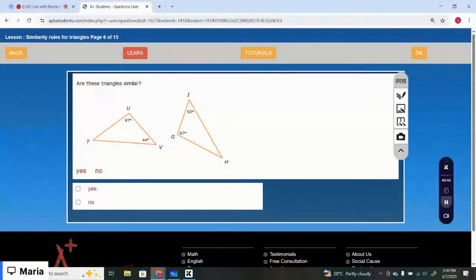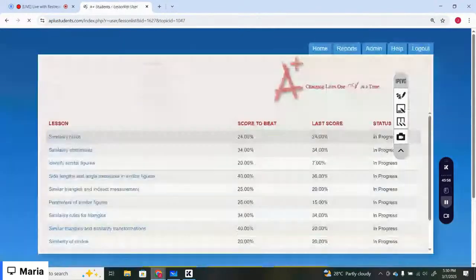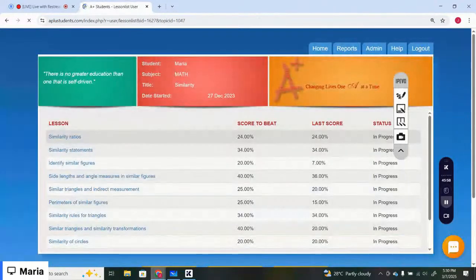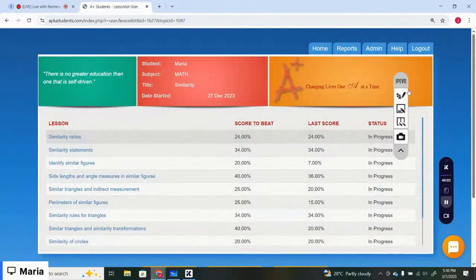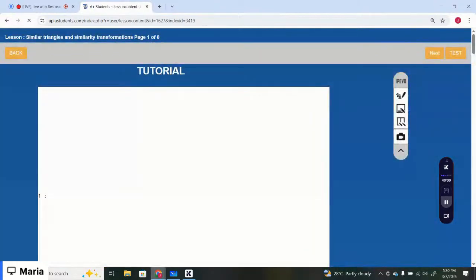Okay, you can complete the lesson by yourself every day. Let me just move on to the next lesson. The next lesson is similar triangles and similarity transformations.